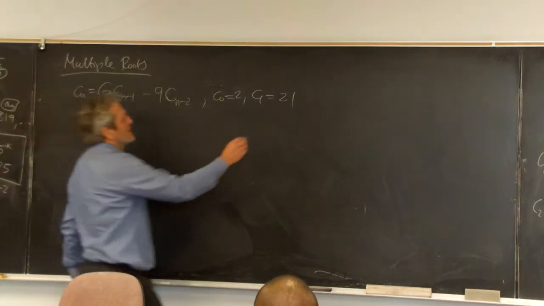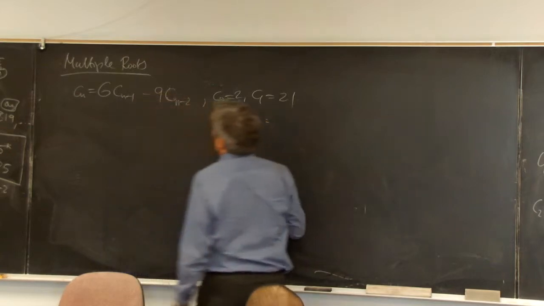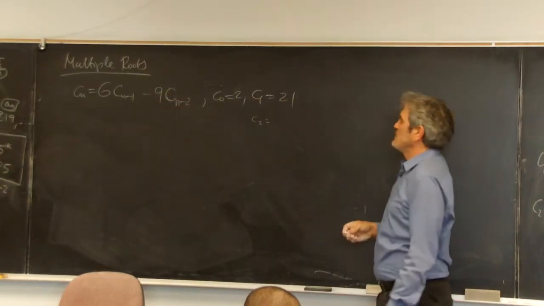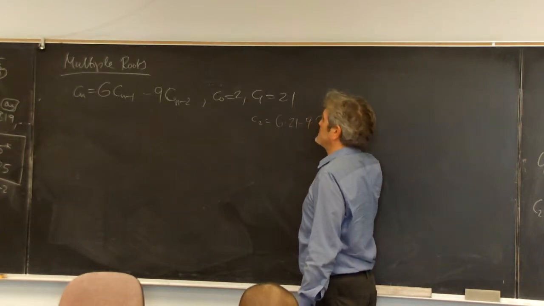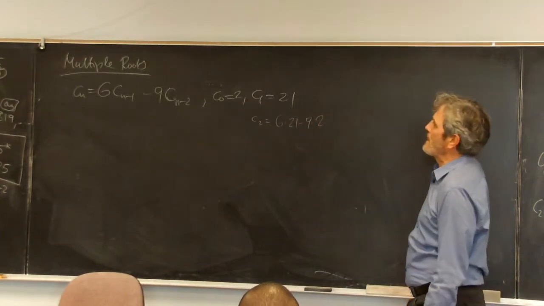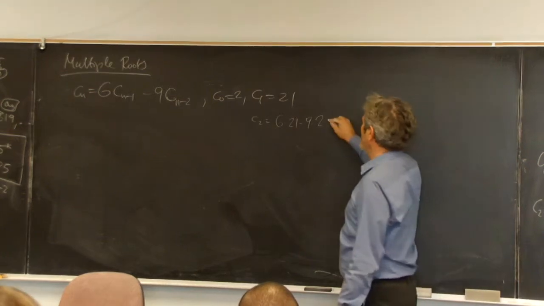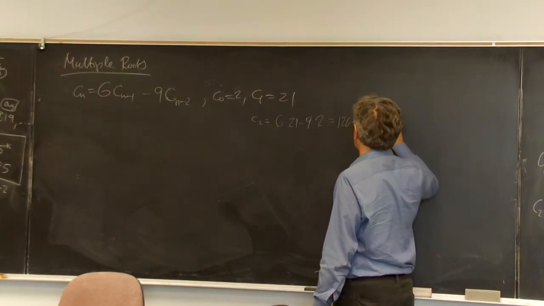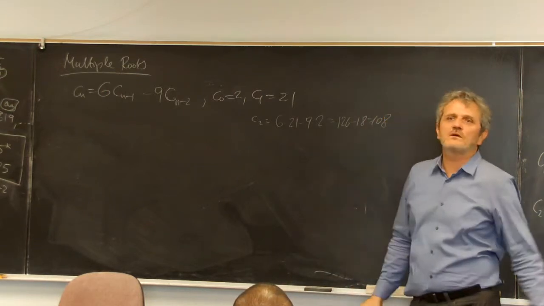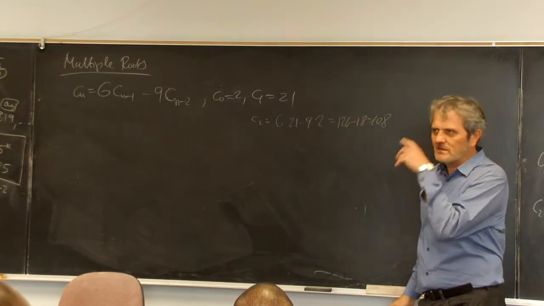What would that be? How much is C2? 6 times 21 minus 9 times 2, and that would be what? 126 minus 18, 108. And then you keep going, and the numbers are uniquely determined.